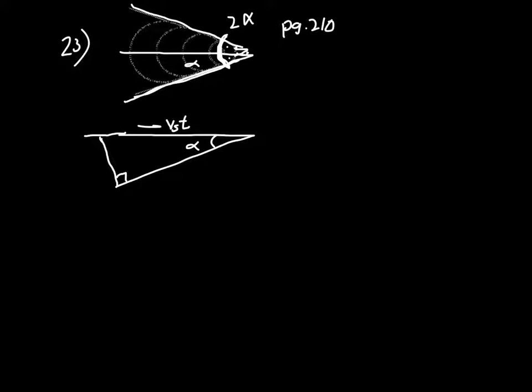That is to say, the speedboat is going in this direction, and at any given point in time, that's how far along it has traveled. The velocity times the time is distance. This side right here is going to be the velocity of the waves times time. That's what this distance is right here.